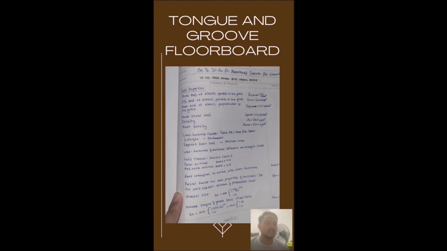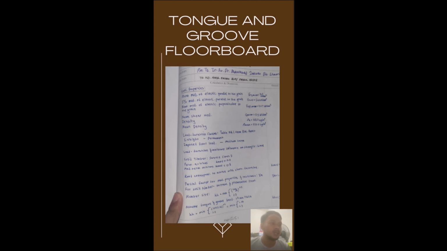Mean modulus of elasticity parallel to the grain, 8.0 kilonewton per millimeter square. 5% modulus of elasticity parallel to the grain, 5.4 kilonewton per millimeter square. Mean modulus of elasticity perpendicular to the grain, 0.17 kilonewton per millimeter square.